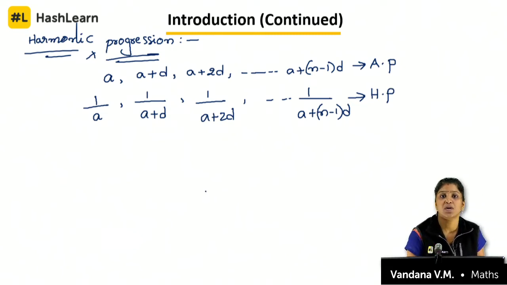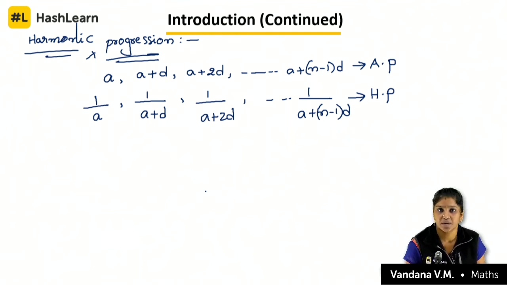So, we learned 3 progressions, that means very particular patterns. Arithmetic progression means the common difference must be the same for all the terms. Geometric progression means the common ratio should be the same for all the terms. Harmonic progression means the reciprocal of arithmetic progression.